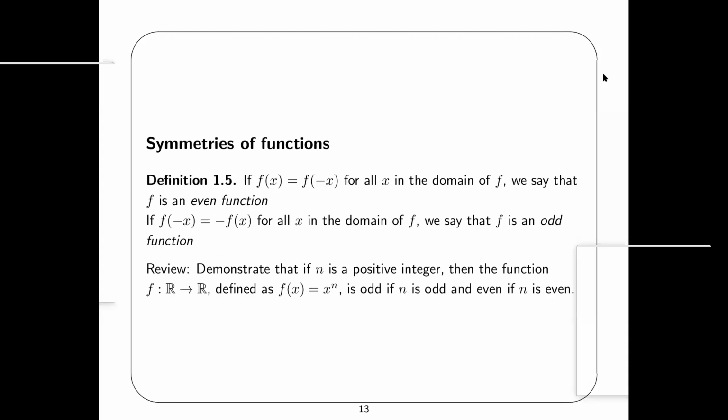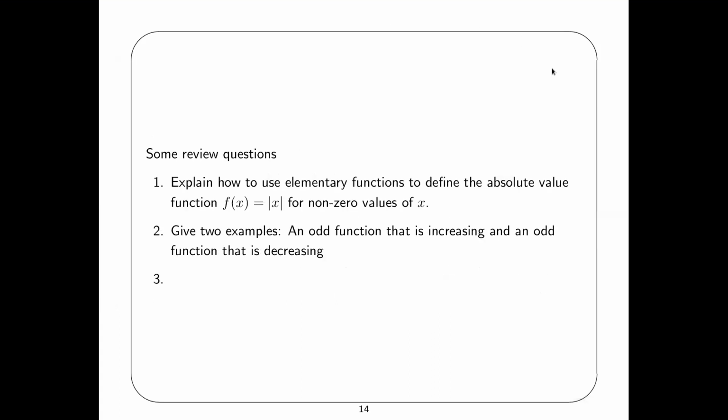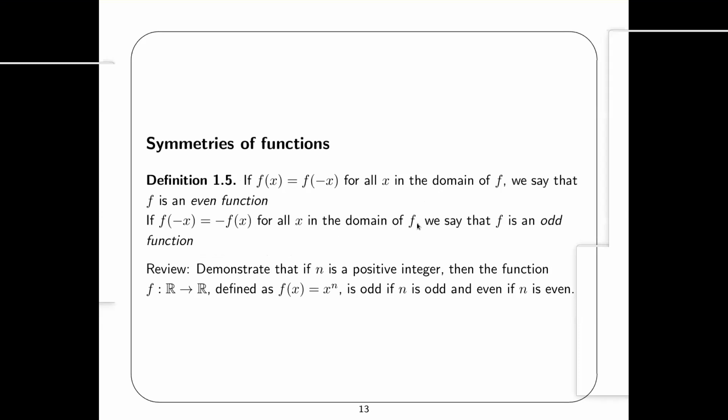Okay, so here is a review. Let's do our first division into groups. I'll divide you into 6 groups, and within each group you should discuss this idea, demonstrating that if n is a positive integer, then the power function x to the n is odd if n is odd, and even if n is even.